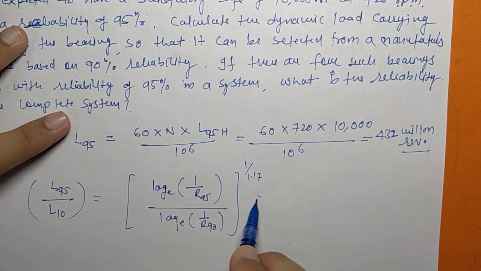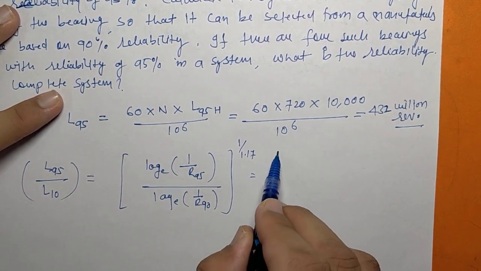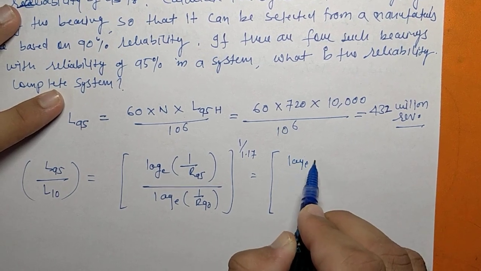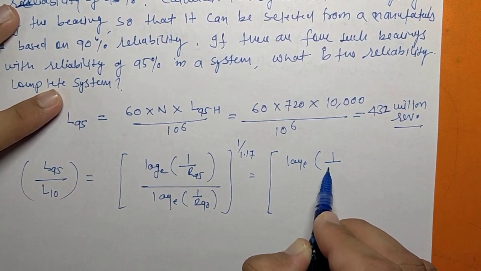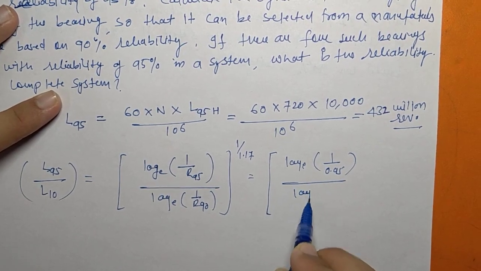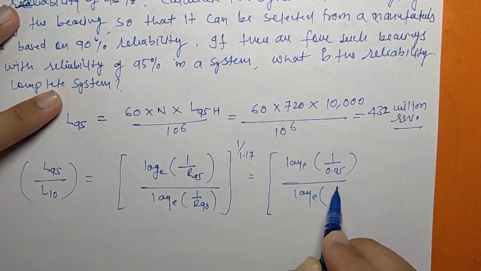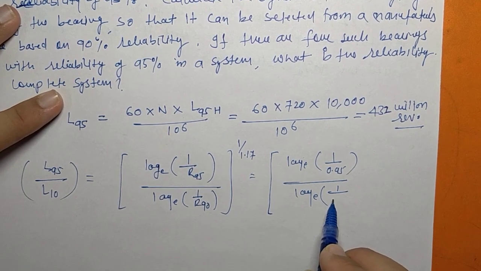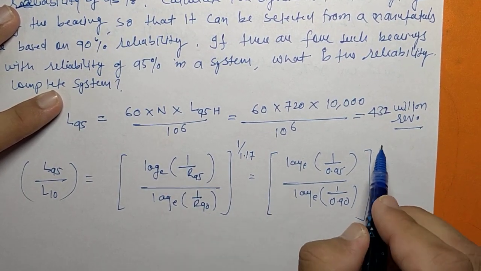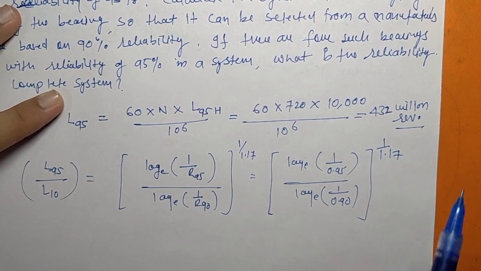If we put the values in, this is log base e of 1 divided by 0.95, and log base e of 1 divided by 0.90, with power 1 divided by 1.17.